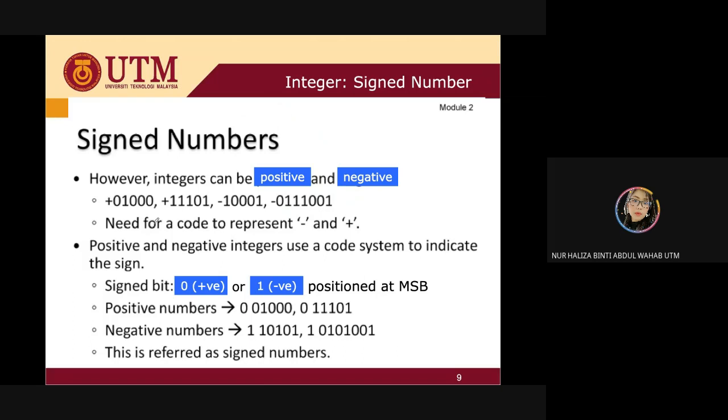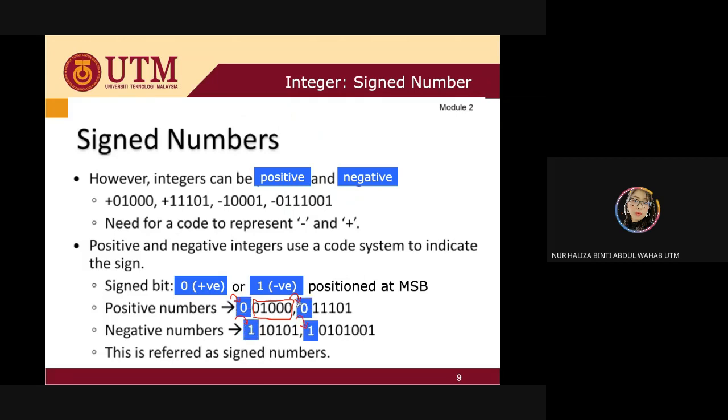Okay, now that is about our positive and negative. You can see over here, let's say you have this value, and when you want it positive, you put 0 in front, and for a negative number, you need to put 1 in front. So then we can call it a sign number.